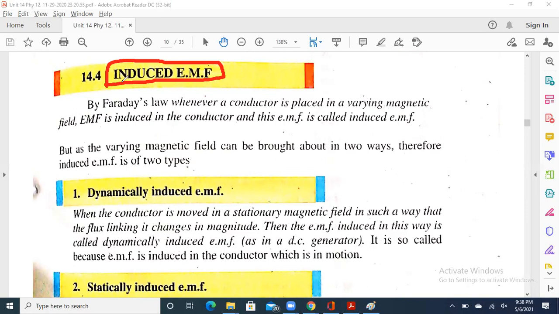It means the voltage produced in another circuit due to the relative motion.